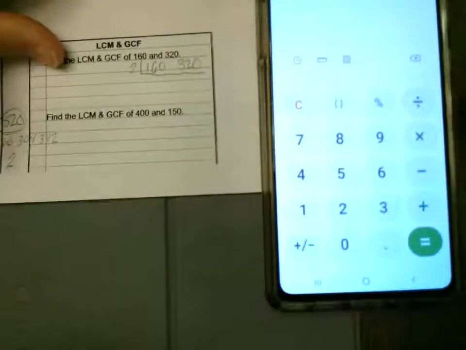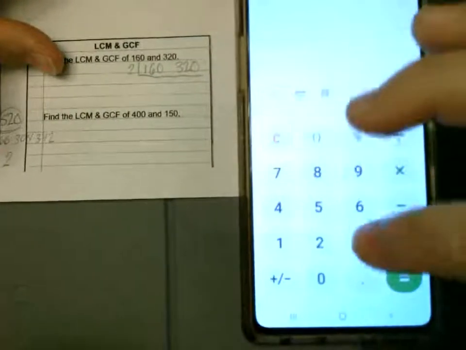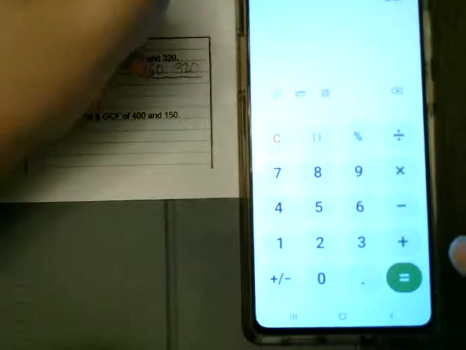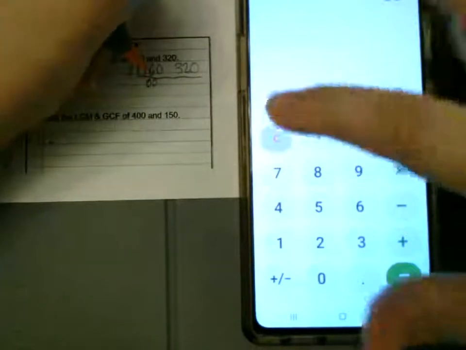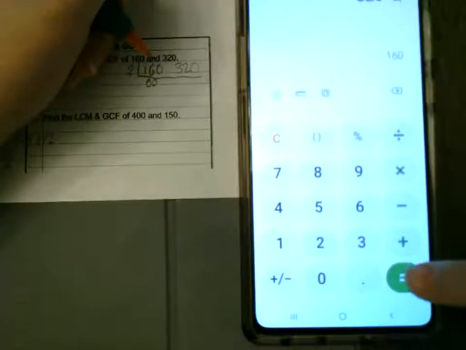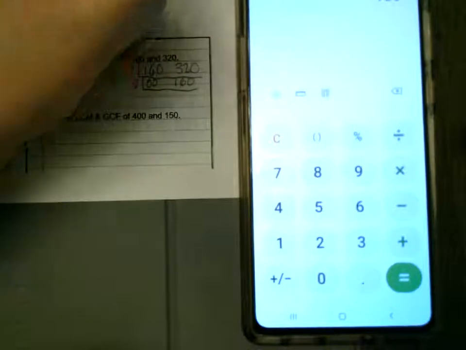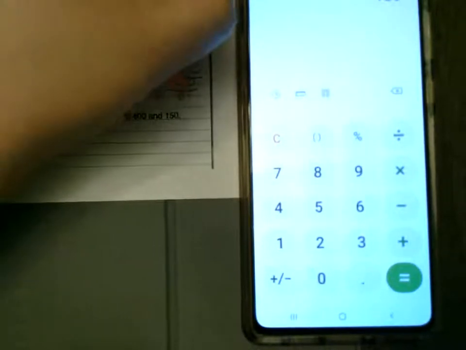So I'm going to divide them both by 2. 160 divided by 2 is 80. 320 divided by 2 is 160. Divide by 2 again, I get 40 and 80.